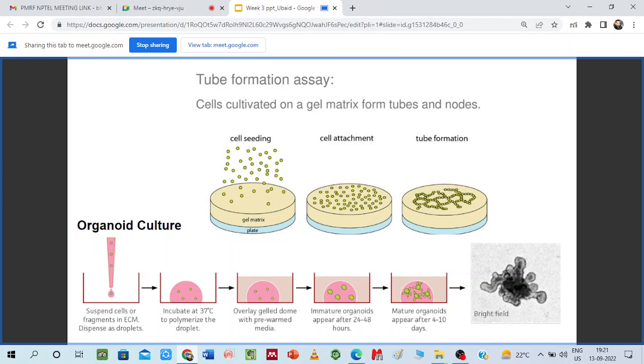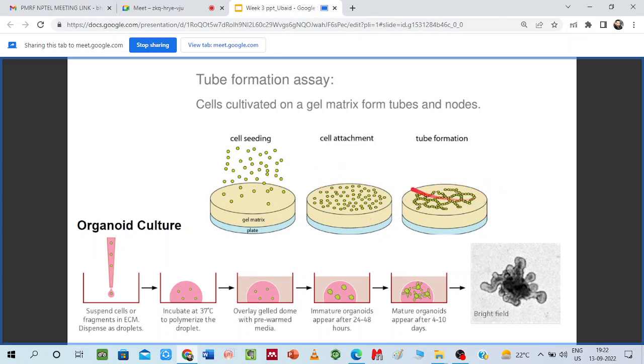When we coat the cell culture plates and place them at 37 degrees centigrade, this Matrigel will polymerize and coat this plate. After that, the endothelial cells will adhere to this Matrigel.